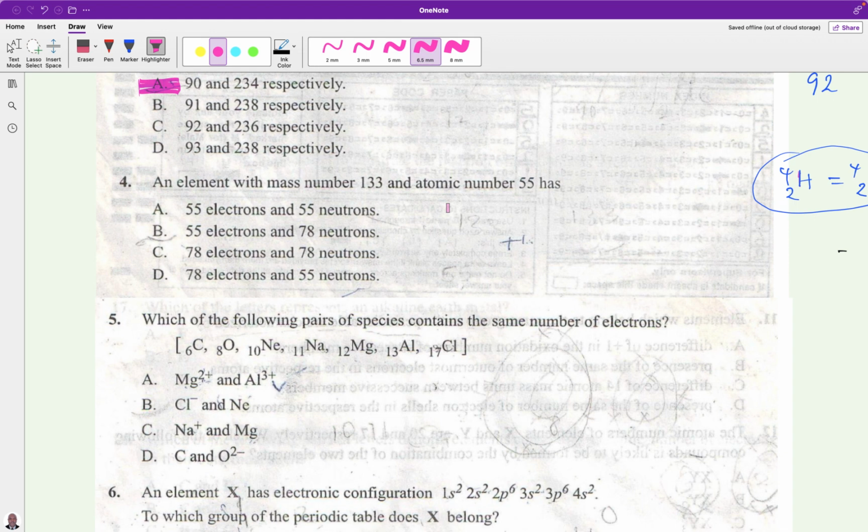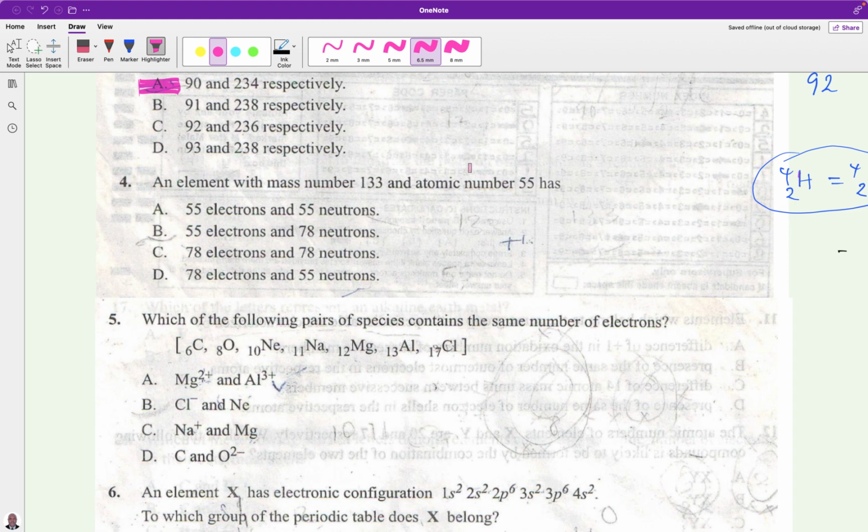So the number of electrons is supposed to be 55 because the atomic number is equal to the number of electrons. Now, to get the number of neutrons, it would be 133 minus the proton number, which is 55. 133 minus 55, we will have 78 neutrons.